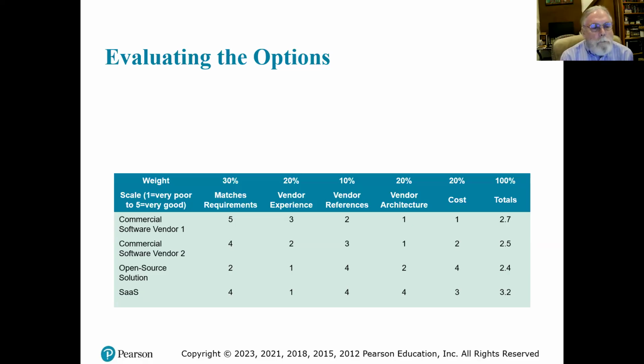And so using this simple matrix, it can say you might want to consider that option, the SaaS, as the better option compared to the commercial software vendor 1 or 2 because it's got a higher score. You can use this tool to make decisions in your personal life.